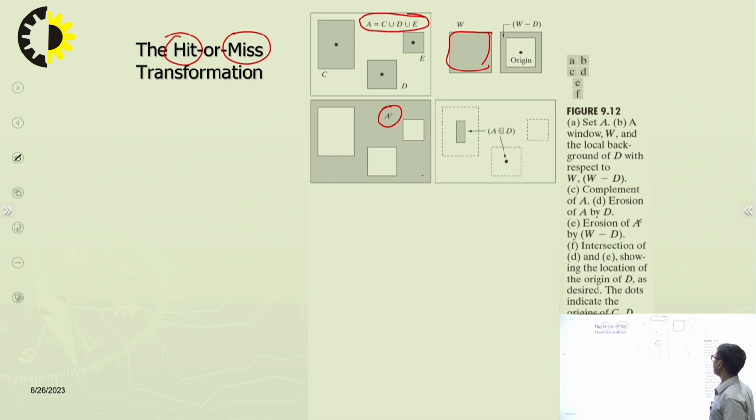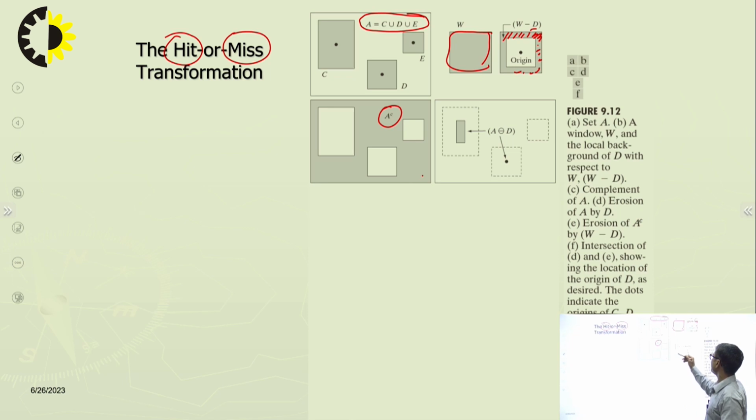Now likewise, if we take an object that is of size D, what is D? It is a shape which is slightly larger than the shape of W, a background we can say.